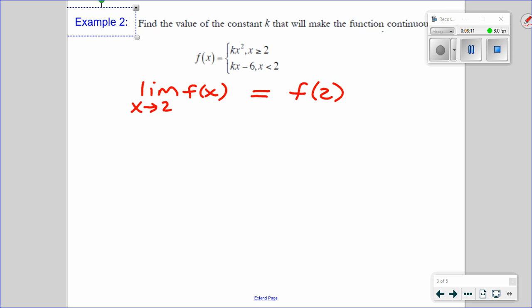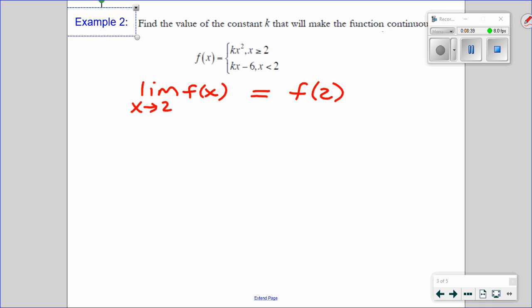You guys might remember, when we did some practice in class and we had questions where we were trying to determine if a function was continuous at the point where the function changes, the shortcut method was just to plug into both pieces. That's exactly what we're going to do here. We're going to plug in 2 to both pieces, okay? And then that'll give us an equation in order to solve for k.